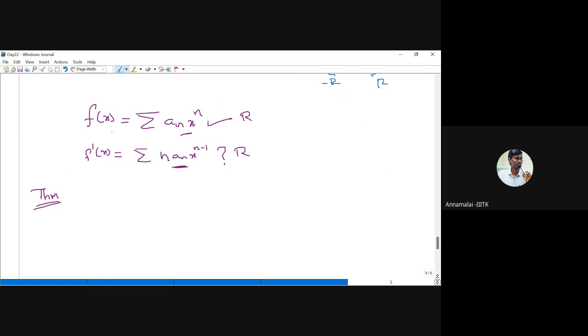Provided f is continuous and differentiable in the interval minus r comma r, because this is the radius of convergence. Within this interval, f is differentiable and f is continuous. Okay.